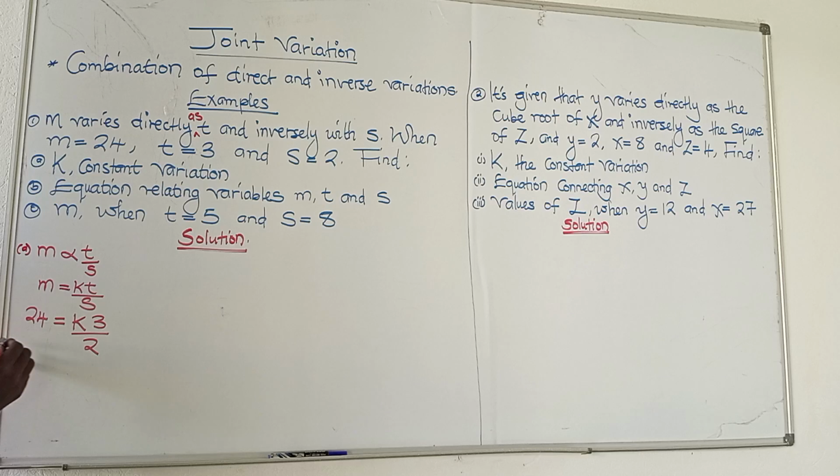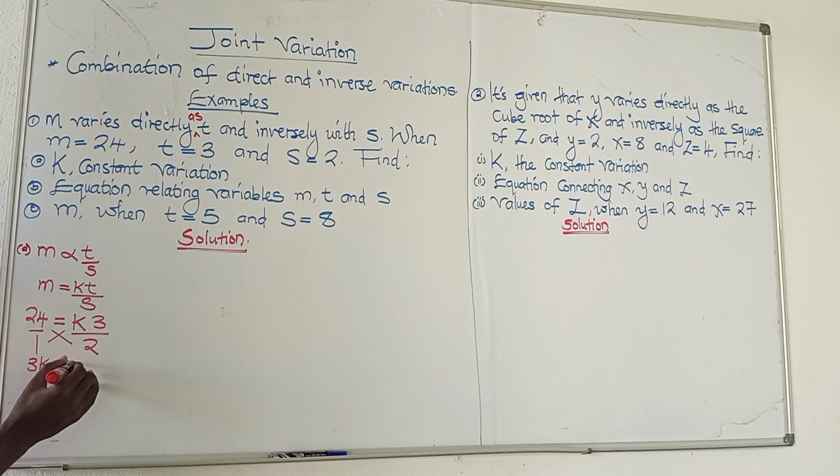When you reach this point, you make this a fraction and you cross multiply. So this will be 3K equal to 24 times 2.